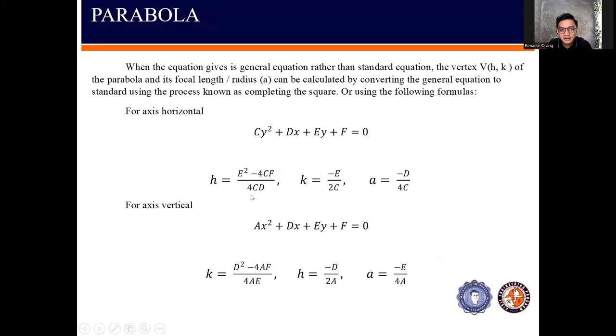So, for axis, which is vertical, that is ax squared plus dx plus ey plus f, that is equivalent to 0. Ang k po natin, no, parang baliktad siya. Ang k yung medyo mataas, which is d squared minus 4af divided by 4ae. Yung h natin is negative d over 2a. And yung a natin is equivalent to negative e over 4a.